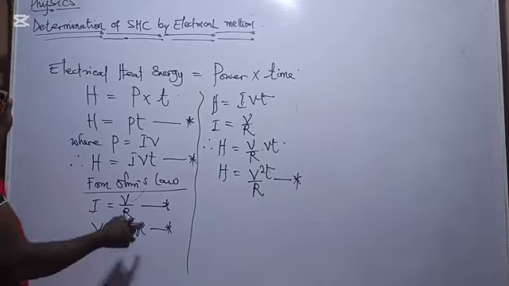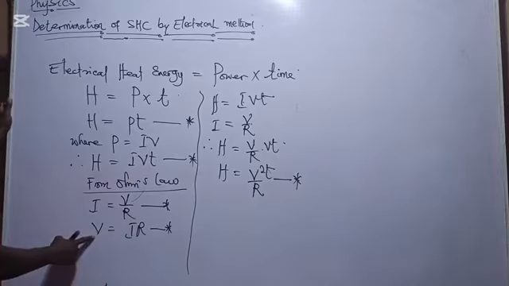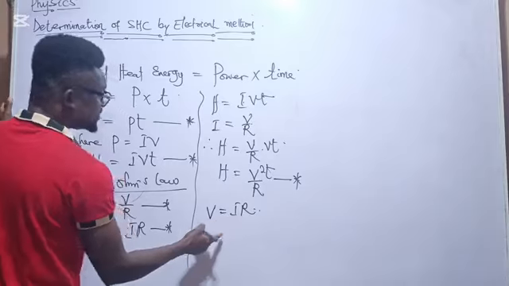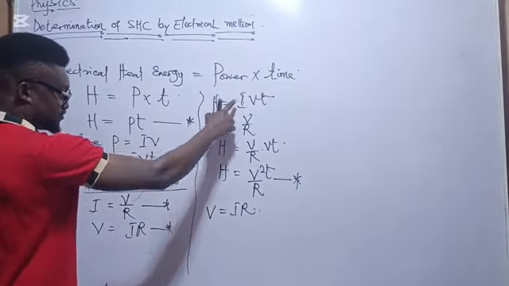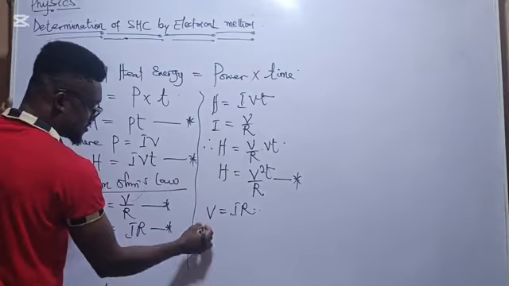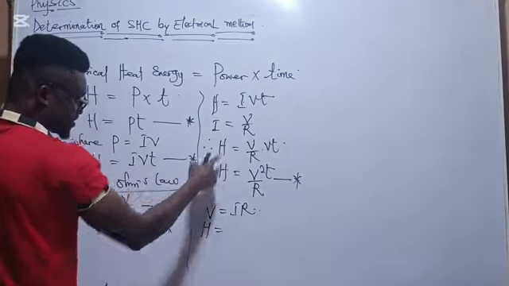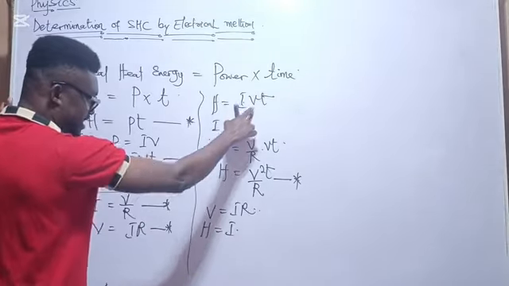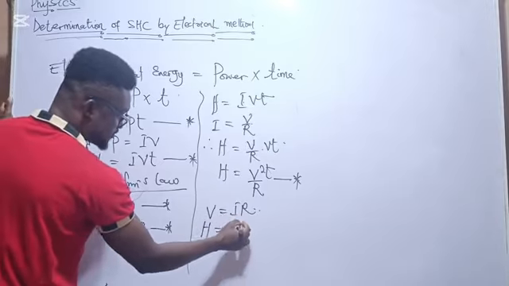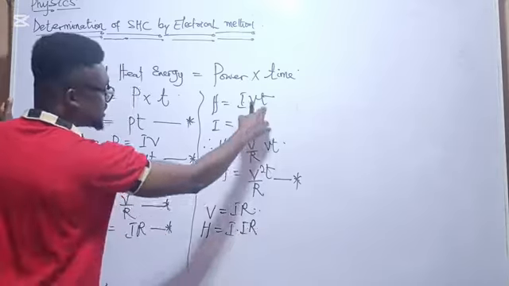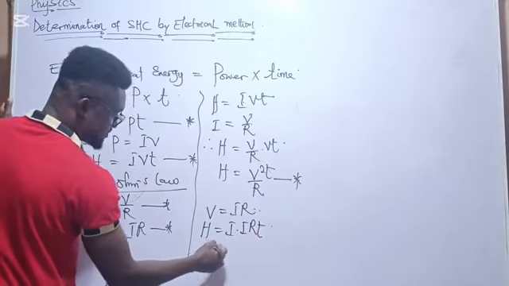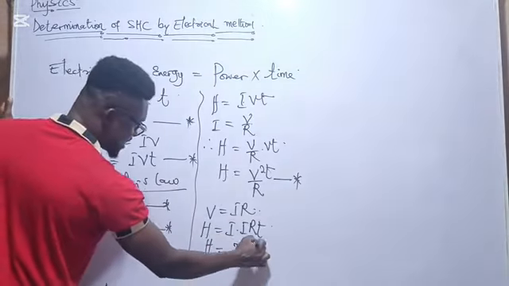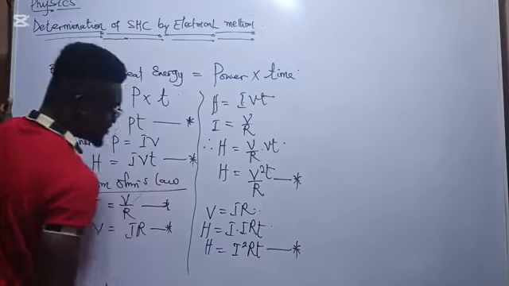Now, if you consider the second one, V equal to IR, and substitute V here, we have H equal to I times V, and the V here is IR, so you have I times IR times T. If you multiply this, you have H equal to I squared RT. Then you get another form of the formula.